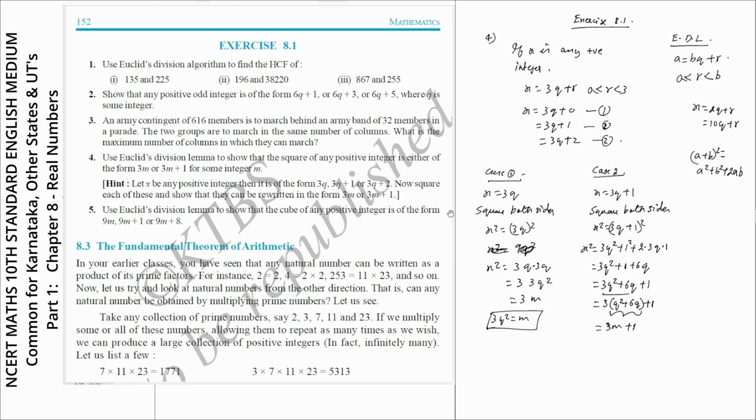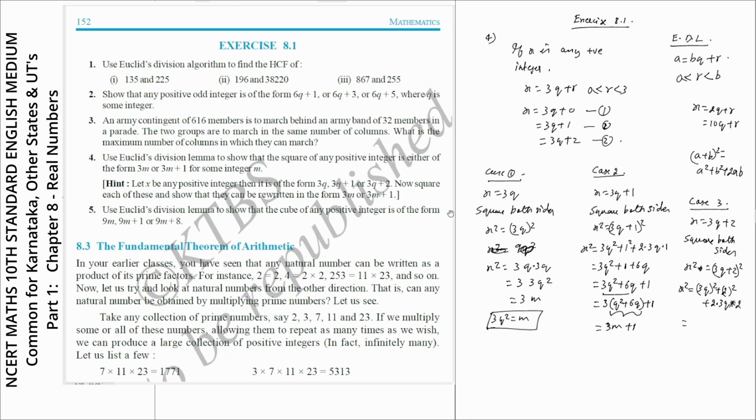Now in case 3, x is equal to 3q plus 2. Now if I square both sides, what will I get? x square is equal to 3q plus 2 the whole square. So x square is equal to, expand it now using the formula, 3q the whole square plus 2 the whole square plus 2 into 3q into 2, that is 2ab.